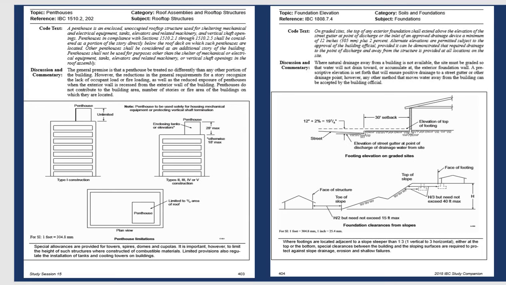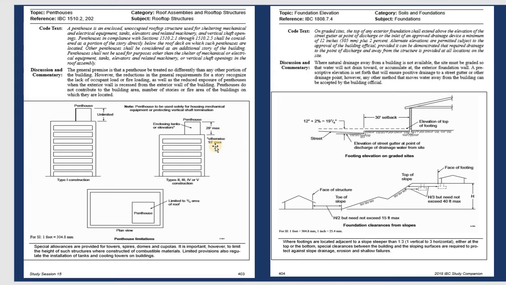The penthouse limitation. The penthouse is the one on the top. If you have the house, the type 1 construction, they didn't limit how high the penthouse is. But if you have type 2, 3, 4, and 5 construction, the limit for the penthouse is 28 inches maximum.